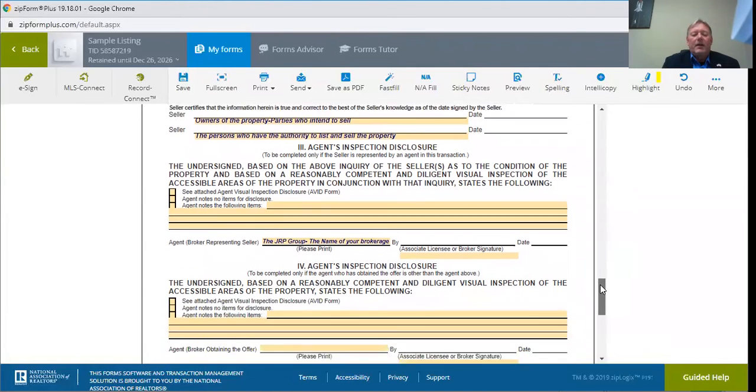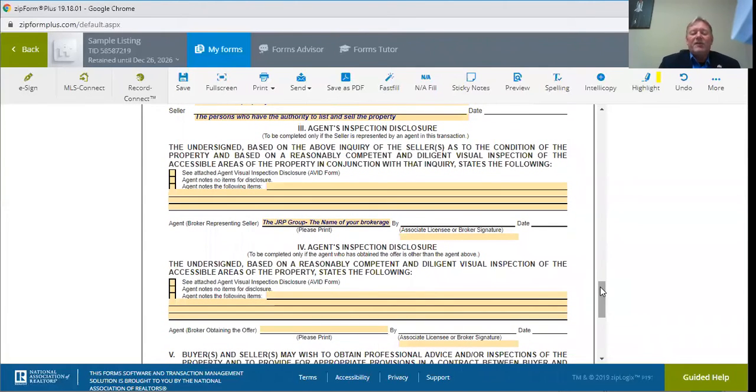At this point, we do get into where the agent's inspection disclosure comes in, and this will be an additional disclosure called an AVID, which is the agent visual inspection disclosure. And this talks about the undersigned, based on the above inquiry of the sellers as to the condition of the property and based on a reasonably competent and diligent visual inspection of the accessible areas of the property in conjunction with the inquiry, states the following.